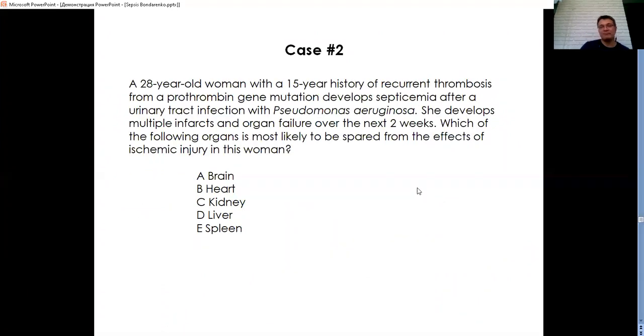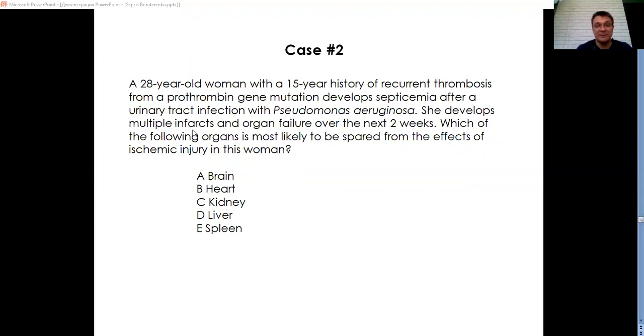Case number 2. Prepared? Ready, steady, go. A 28-year-old woman with a 15-year history of recurrent thrombosis from a prothrombin gene mutation develops septicemia after a urinary tract infection with Pseudomonas aeruginosa.